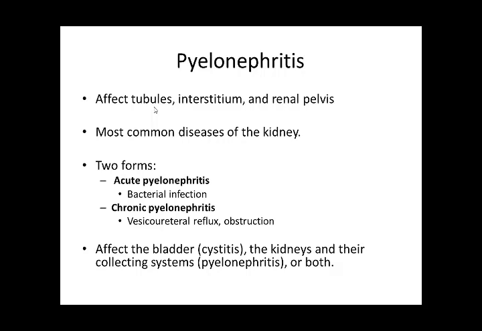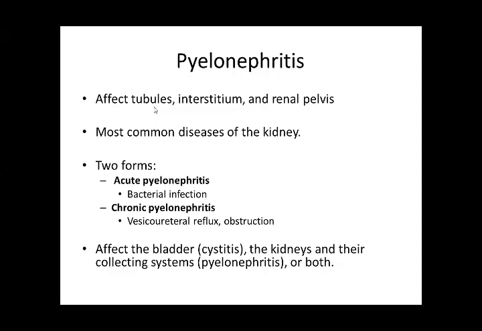In chronic pyelonephritis, the infection either recurs, it is episodic, one infection after the other, it keeps coming back, or there is a reason for it, like an obstruction in the tubules or somewhere in the renal pelvis, and the infection just comes back again after treating it.